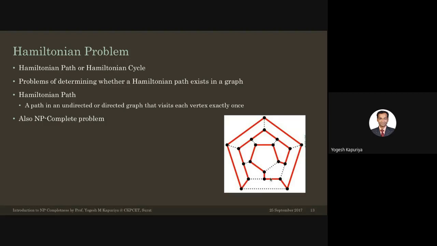So you have been given a graph, and the objective is to ask whether a Hamiltonian path exists in this graph. So again, this is a decision problem. What is the question? The question is whether a Hamiltonian path exists for this graph or not. So the answer can be yes or no. This is also an NP complete problem.